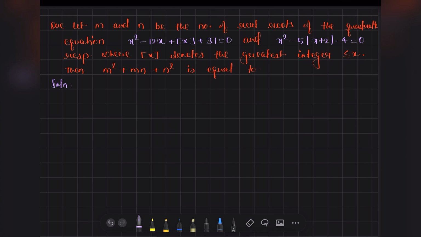Now if you observe here, we have 12, and it represents the sum of zeros. So can I consider 8 and 4? If you consider 8 and 4, it will become 12. So the sum of zeros will become minus 12, and if it is 8 and 4, the product should be 32.